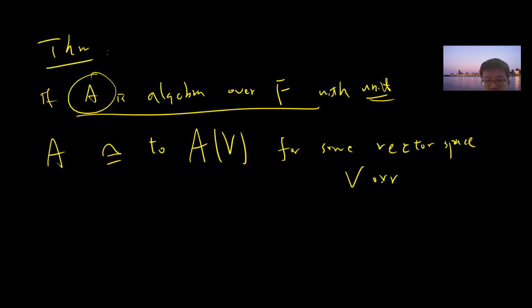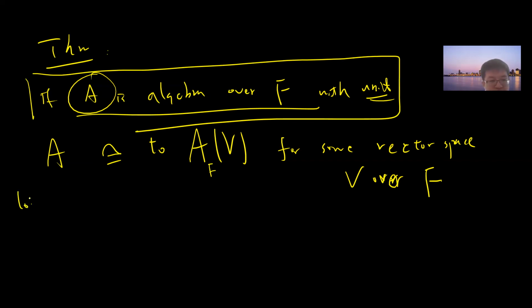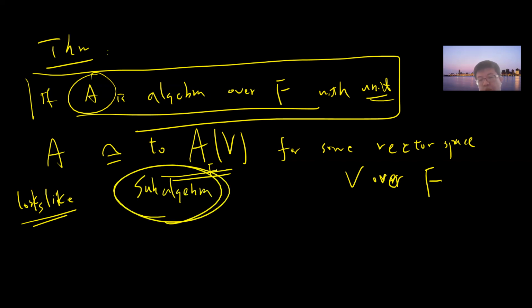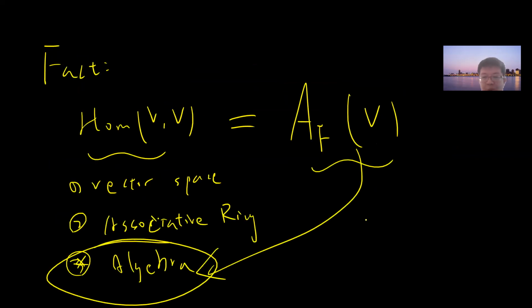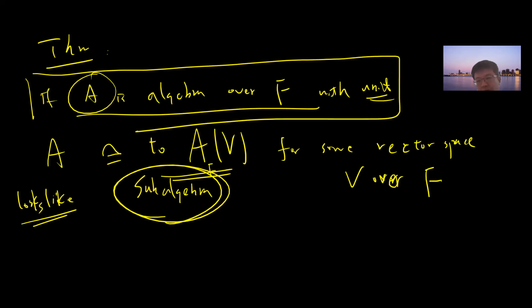What I'm saying is that every algebra over F with unit looks like some subalgebra of Hom(V,V) for some vector space V. So this tells you that an algebra with unit over the field F basically looks like a subalgebra of Hom(V,V).